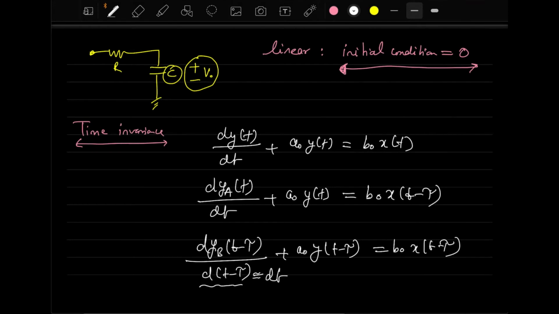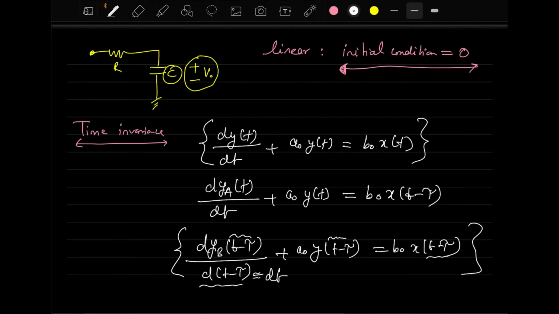So once we have that, now you can compare the equation which is given over here, this one and this one. So what you see is, even when you apply a time shift, the corresponding output also shifts simultaneously. So this proves that this particular differential equation that we are working on is time invariant.